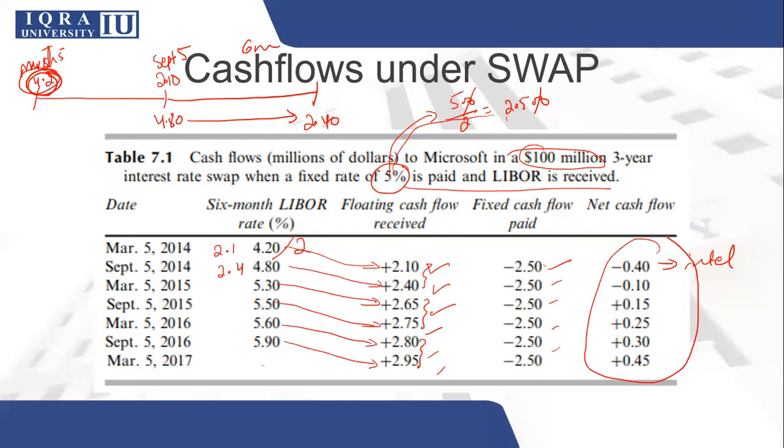You do not have to pay me 2.1. So this is how the swap agreement works. And you can see that as the interest rate increases, Microsoft starts to receive payments. It goes into positive. So it depends upon the interest rate whether the floating rate payer will pay the fixed rate payer or the fixed rate payer will pay the floating rate payer.